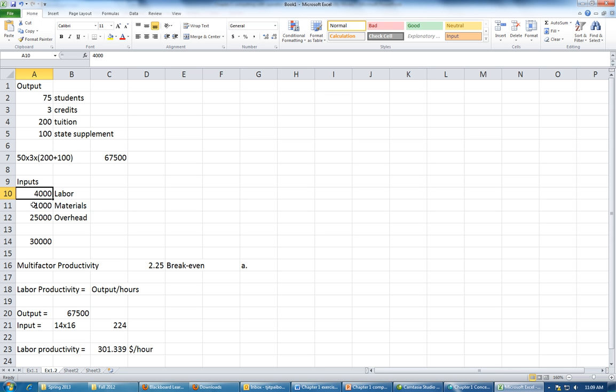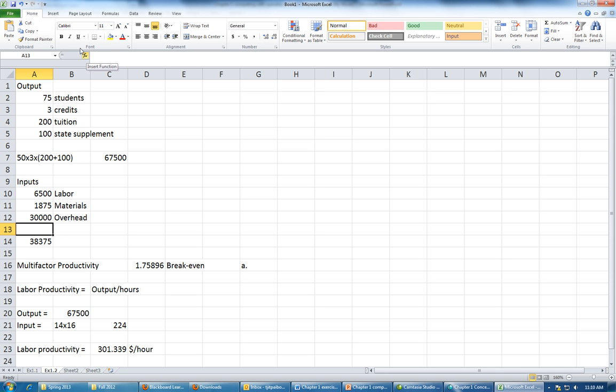And then when you increase the class size, the input also must increase. So the labor increases to 6,500. Material also increases from 20 to 25, and the class size also increased from 50 to 75, so material increased to 1,875, and the overhead increased to 30,000.